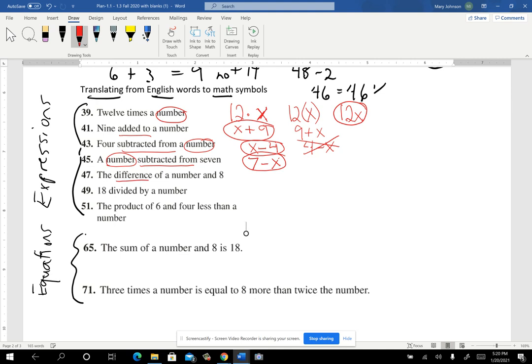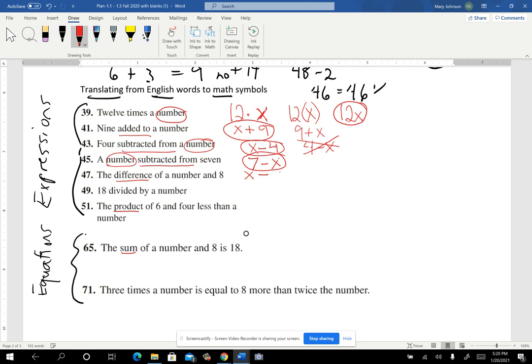The word difference means subtraction. Okay. The word sum is an equivalent type word. That's addition. Product means multiplication. And if they had used an example like a quotient, that would have been division. Okay. So on 47, it is going to be subtraction. And when you do the difference of a number and 8, or if you did the sum or the product or the quotient, the number would be first, the X would be first, and then this is different, so it should be minus.